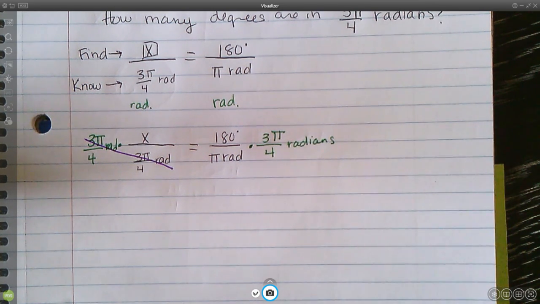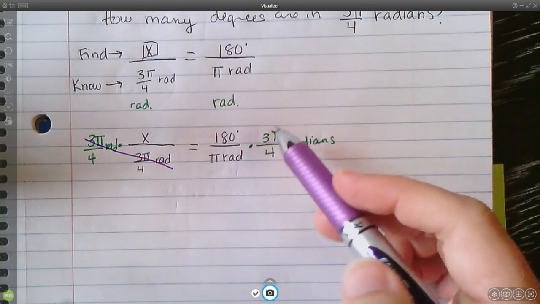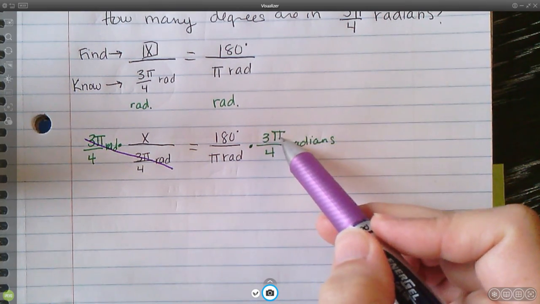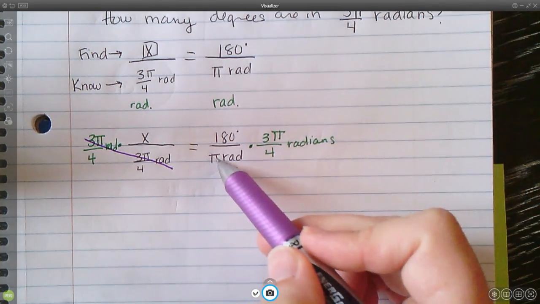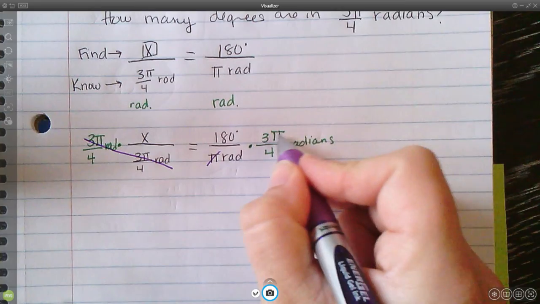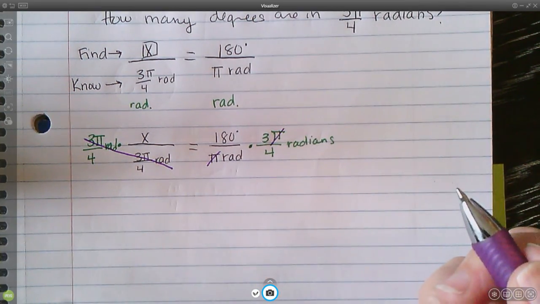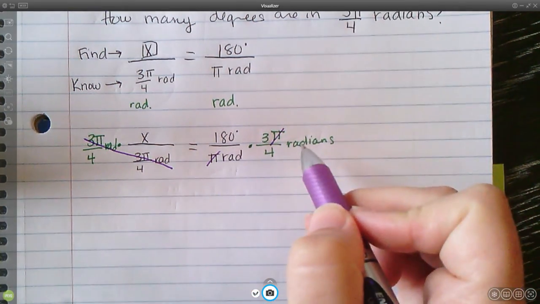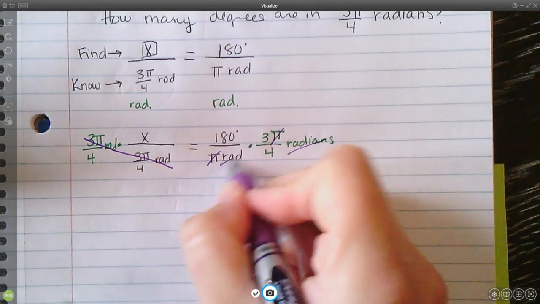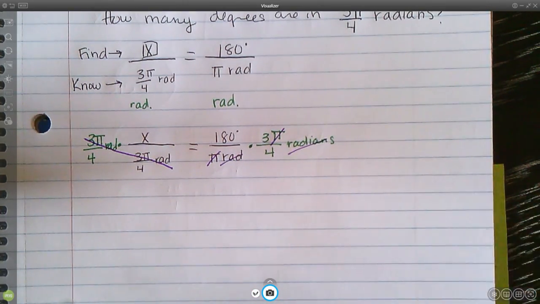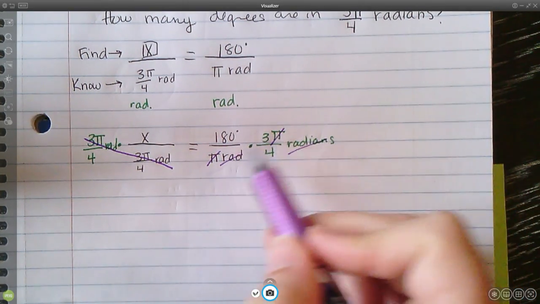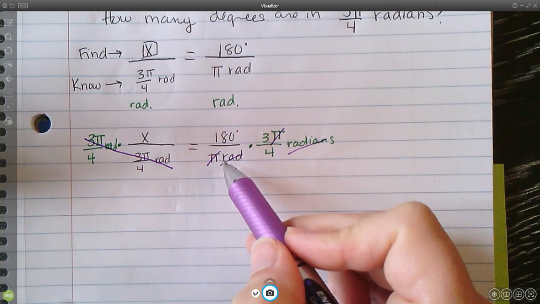Okay, so now we're going to do the same thing we did yesterday. We're going to simplify before we actually multiply. Oh, how convenient. We have a pi in the numerator and in the denominator. Those can cross out. We have radians and radians, so those go away. That's just your label. So this label went with this top, this label went with this pi.